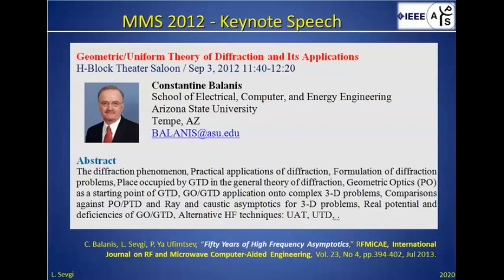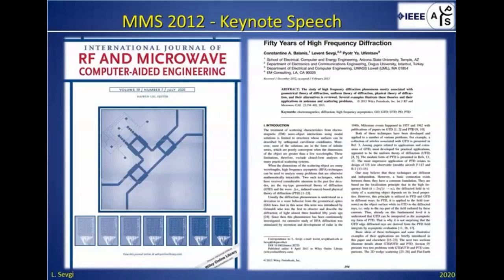Next slide, please. And this is a paper I mentioned. So it's a nice summary, so you can download it or you can request from me. I can send it to you. Next slide, please.